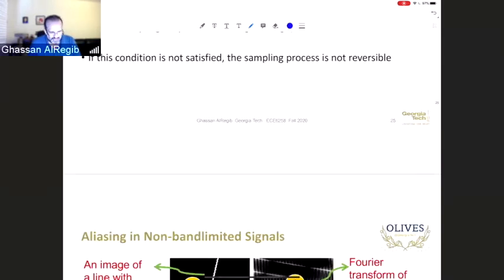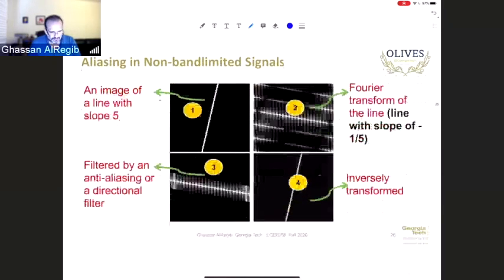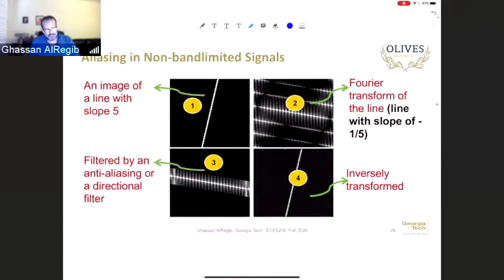So we have some examples here. The first image, labeled number 1, is an image where everything is 0, except for this line that has a sharp zigzag kind of pattern in it. Overall, this line from the top to the bottom is just a single line with a slope of 5.